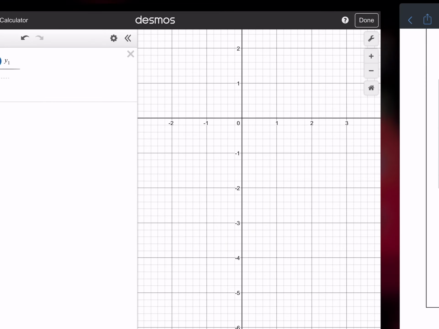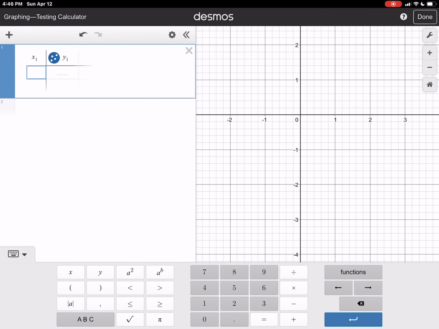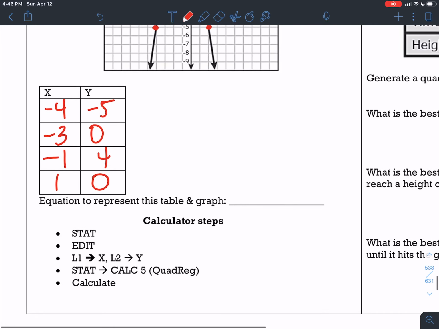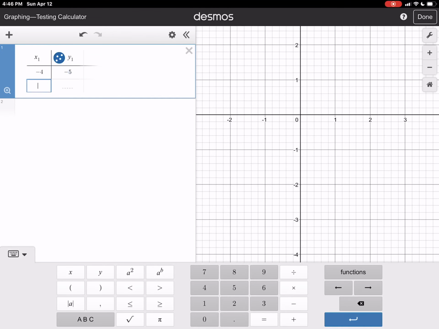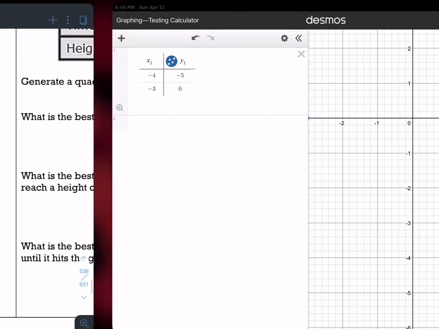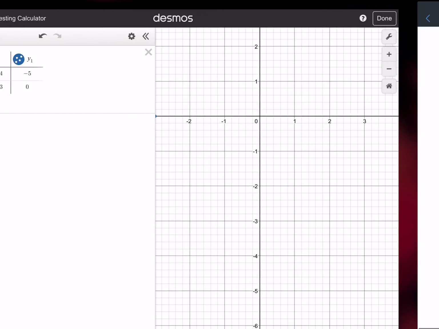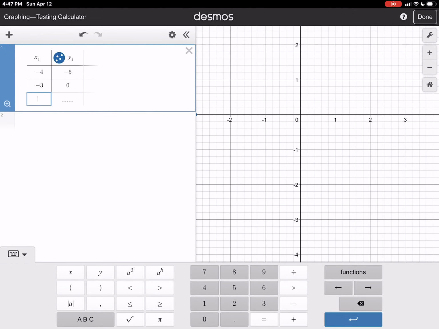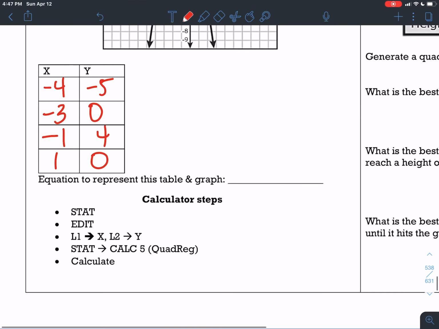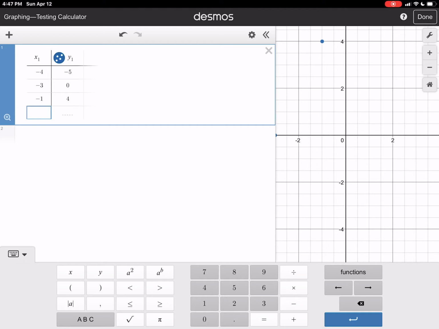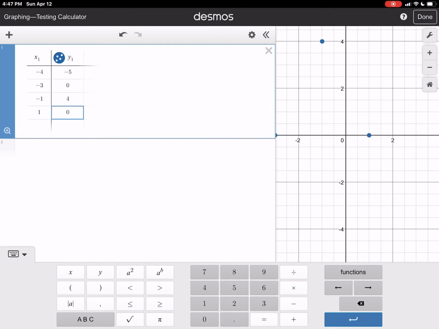So -4, -5, then the next one -3, 0, then -1, +4, then 1, 0. Okay.